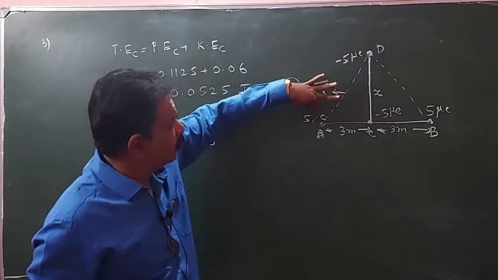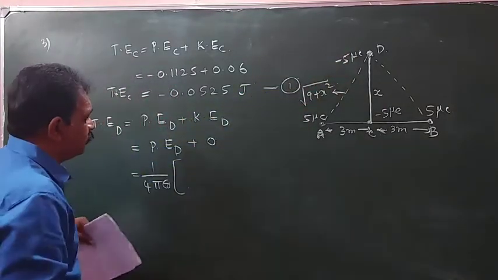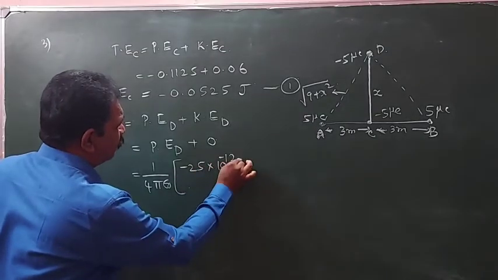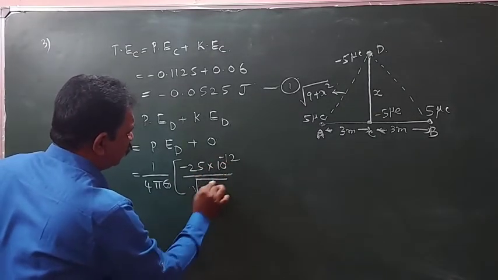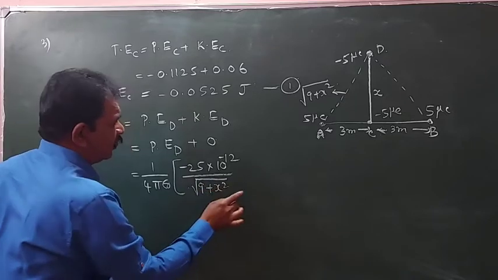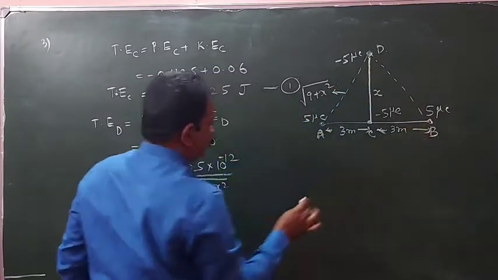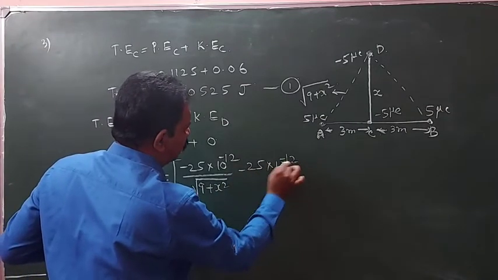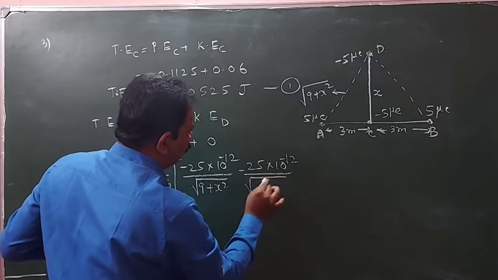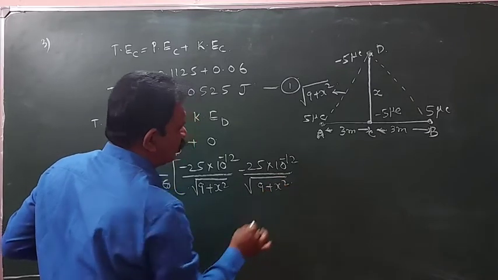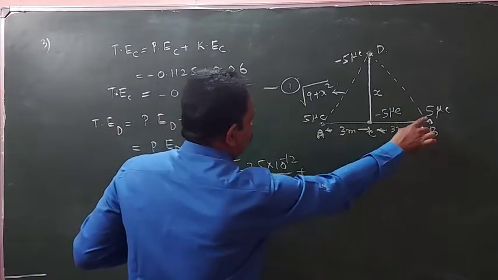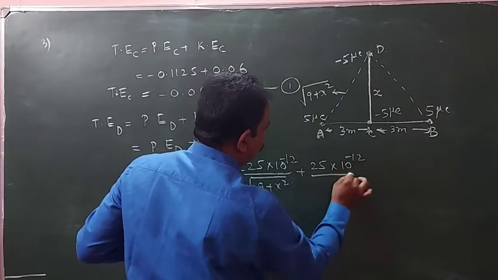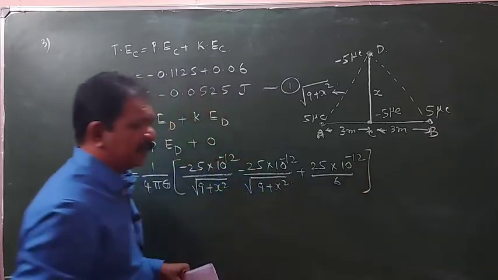Now between these two, the potential energy is minus 25 into 10 power minus 12 by square root of 9 plus x square. Between these two, the same, minus 25 into 10 power minus 12 by root of 9 plus x square, plus between these two 25 into 10 power minus 12 by 6.